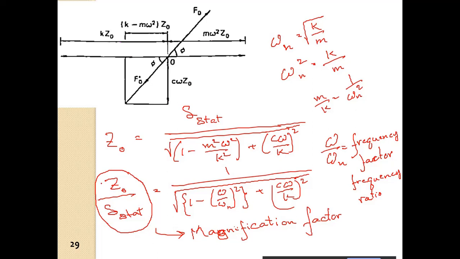So these two terms, the magnification factor and the frequency factor, are the guiding parameters while designing the foundation system for the machine foundation. So that is what we have to control.